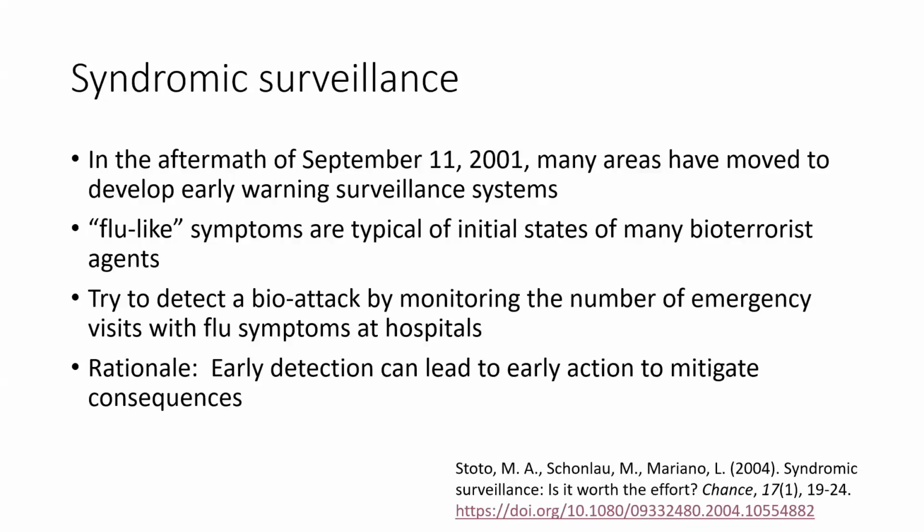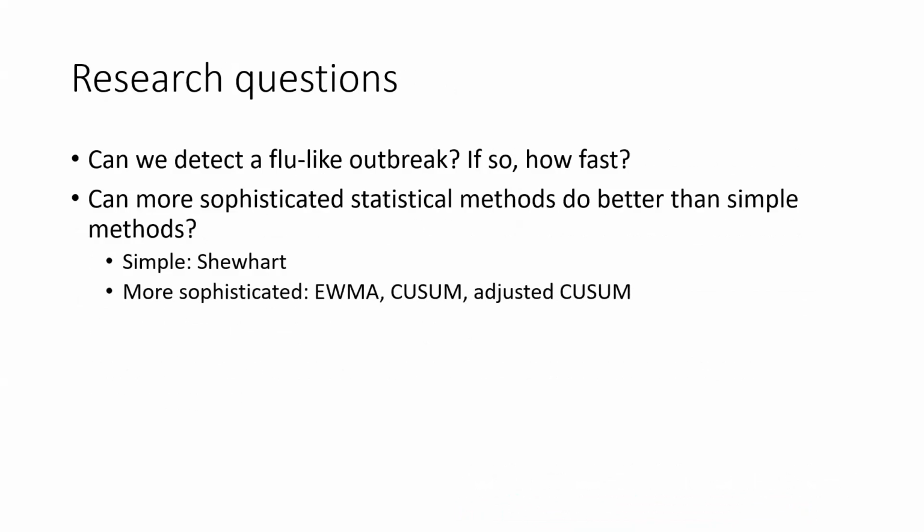At that time, we had no idea of any impending pandemics, and so this, if it had been in place, might have been useful at the initial stages to detect flu outbreaks in Wuhan. Might have been. So the question was, can we detect a flu-like outbreak, and if so, how fast?